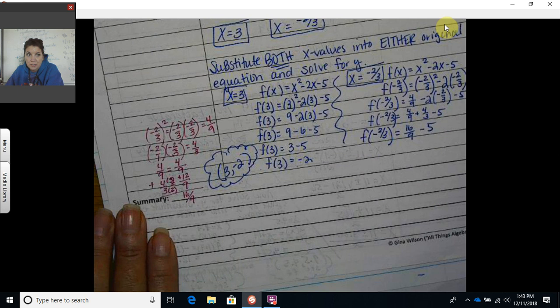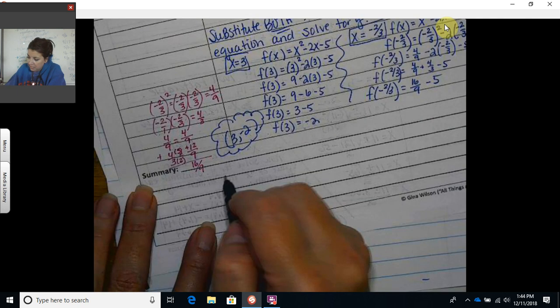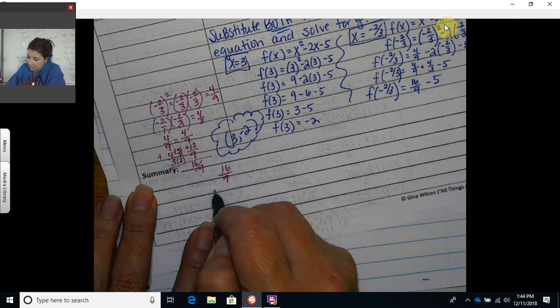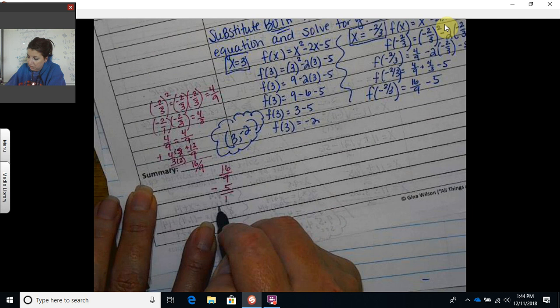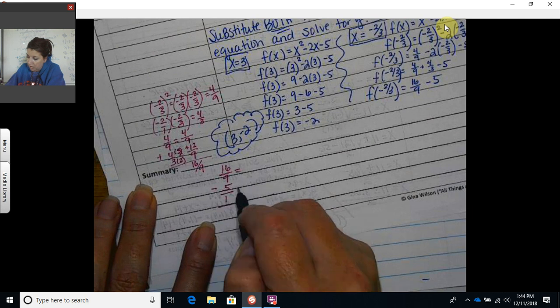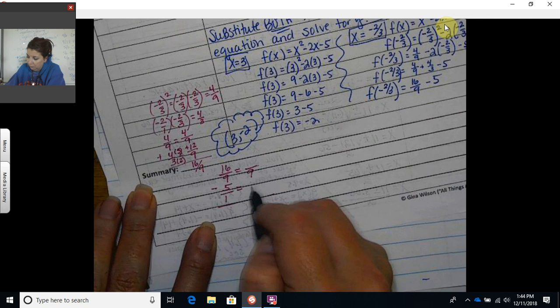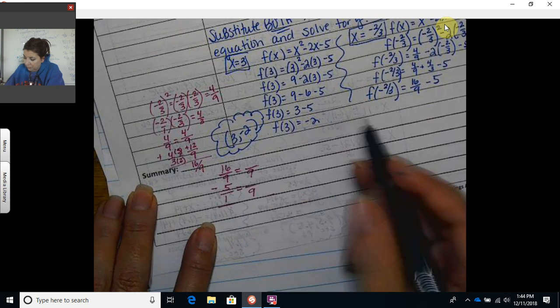So again, to subtract that, I'm going to have to get a common denominator. So 16/9 minus 5 over 1. I'm going to turn it into a fraction. Common denominator is 9. The top fraction, the denominator didn't change, so the numerator won't change.